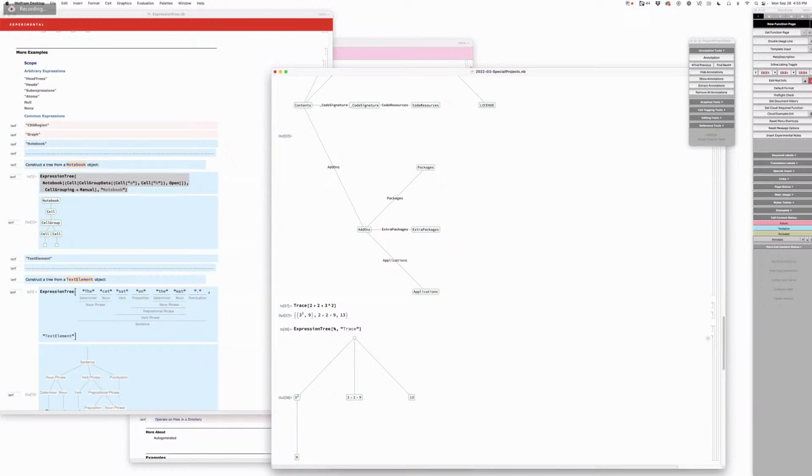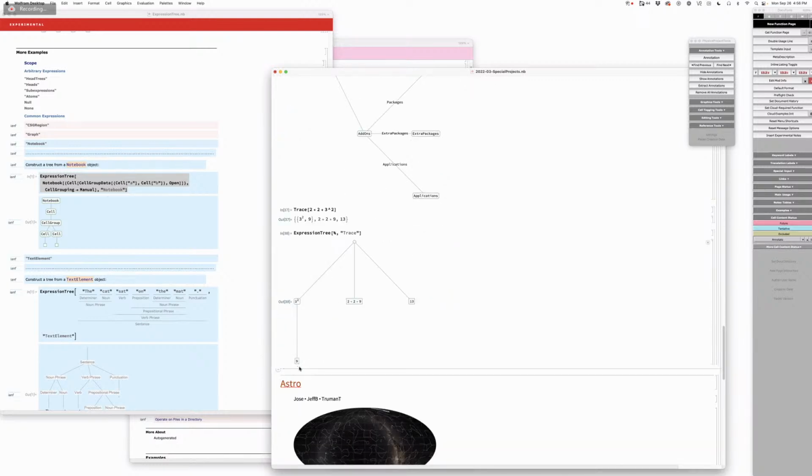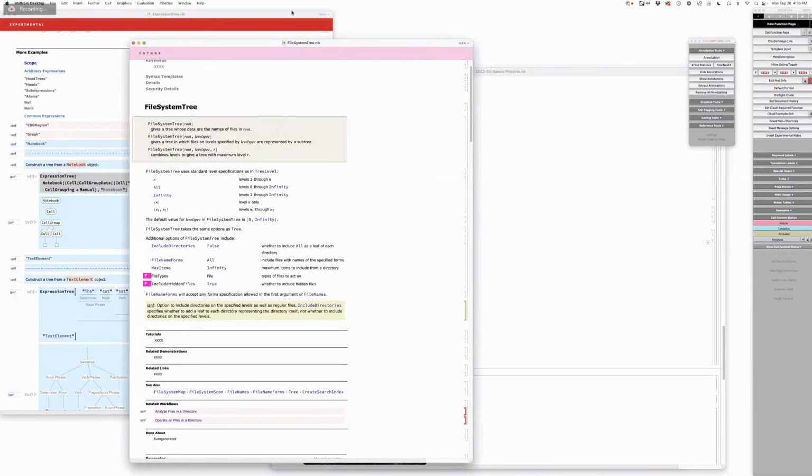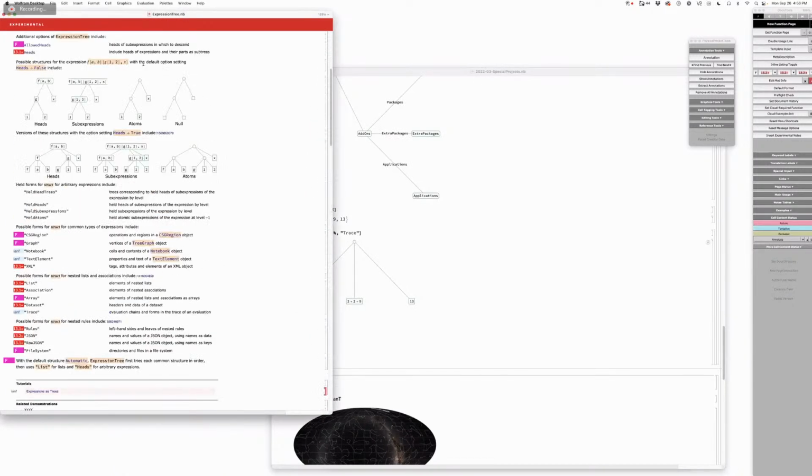Another one I can imagine is like a data set. Yeah, you can do another. You can take a data set and do expression tree, comma, data set. Okay. Well, where's the full list? It's in here, presumably. Yeah.